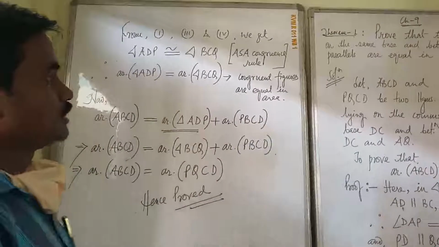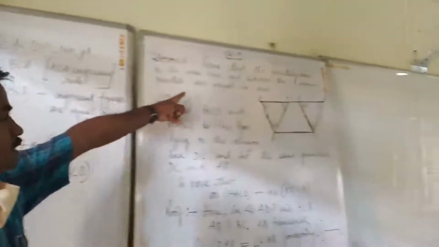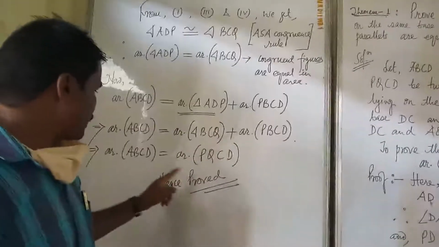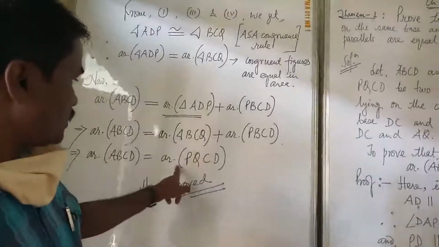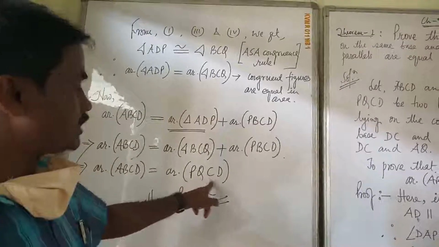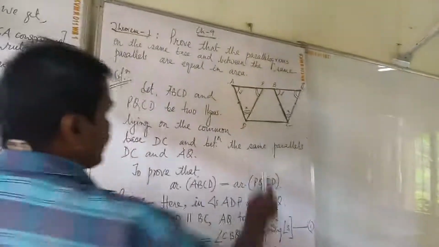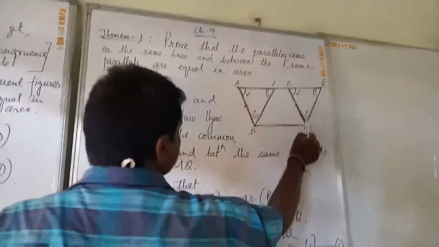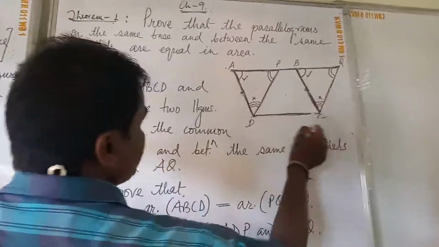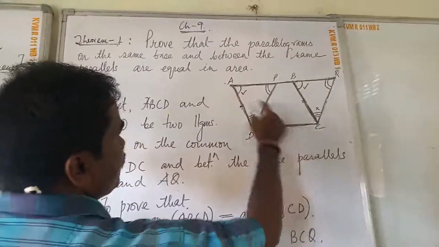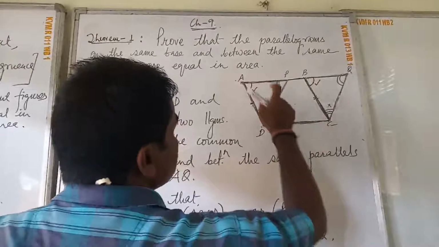This is the demand in the question: that you have to prove that the area of this parallelogram ABCD in the figure equals the area of this other parallelogram PQCD. These two parallelograms ABCD and PQCD are lying on the common base and between the same parallels, so their areas are equal. That we have proved here.